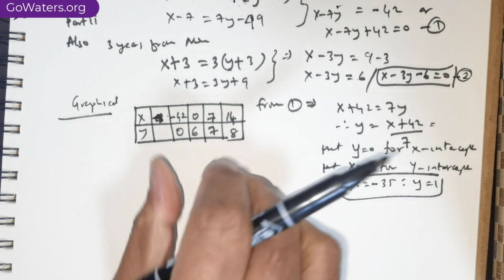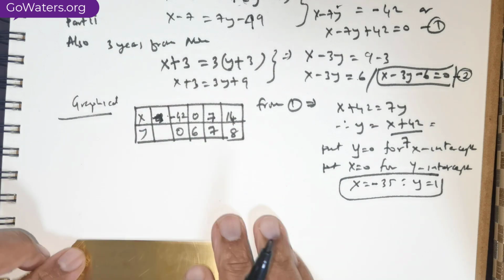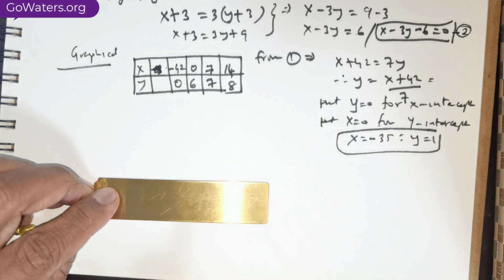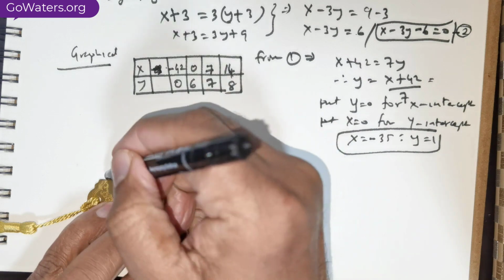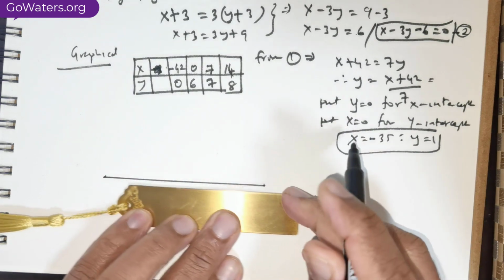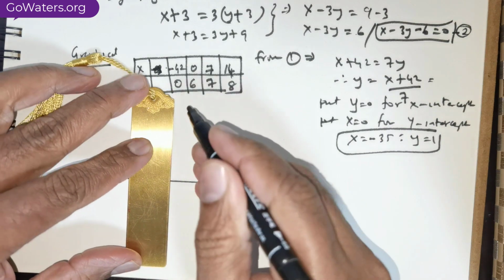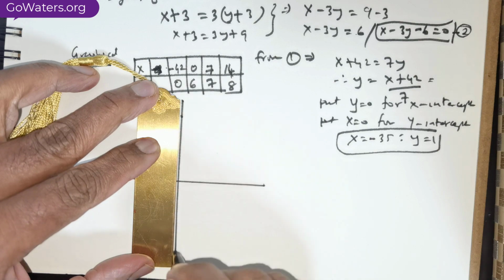These values alone are enough for me, right? So let me draw the graph. Y value seems to be really large here, negative 42. So this is the axis, x-axis, and y-axis.